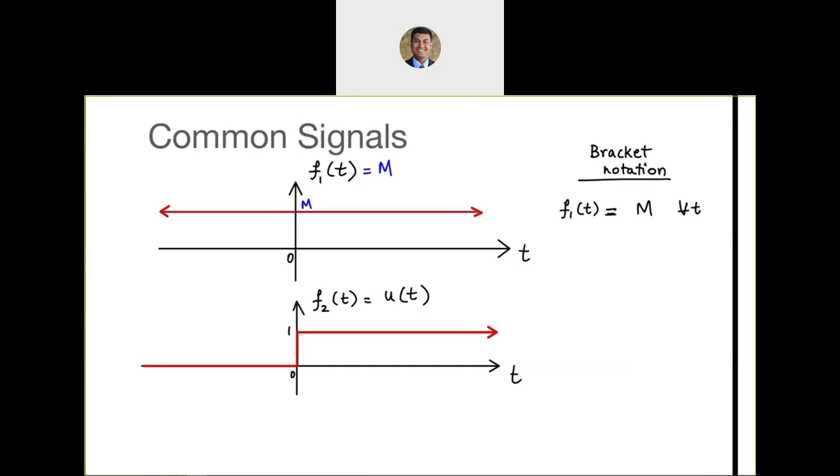F2 of t, how about F2 of t? Well, clearly there are two regions. One is 0, one is 1. So let's separate it into two parts. When is it 0? It is 0 when time is less than 0. It is 1 when time is greater than or equal to 0. So that is bracket notation for unit step.